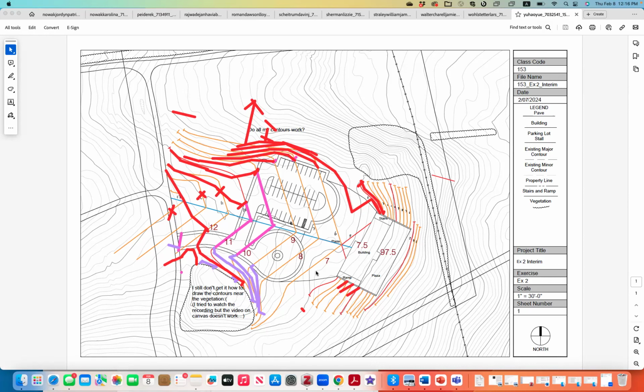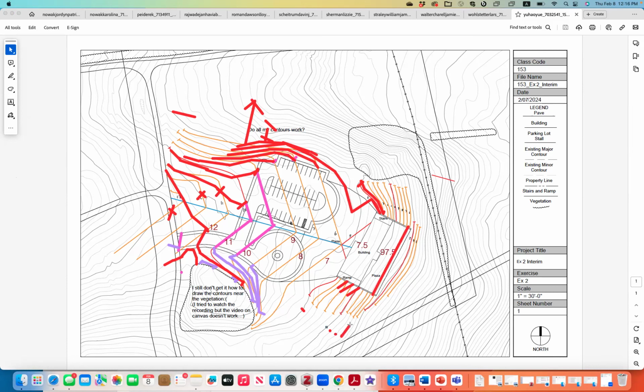So 97, and this is 5, and that's 0, and we have your 97 contour somewhere. Oh, sorry. So this is 98.7. We're trying to connect back to 97 somewhere here.